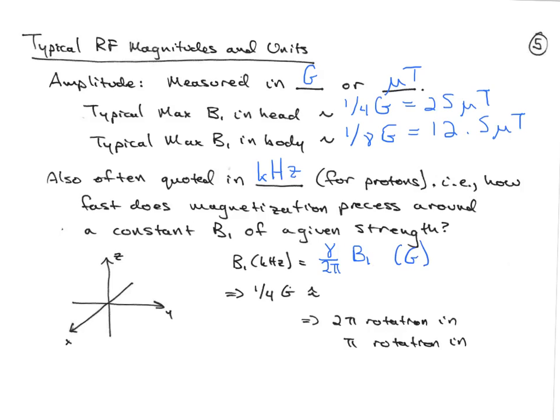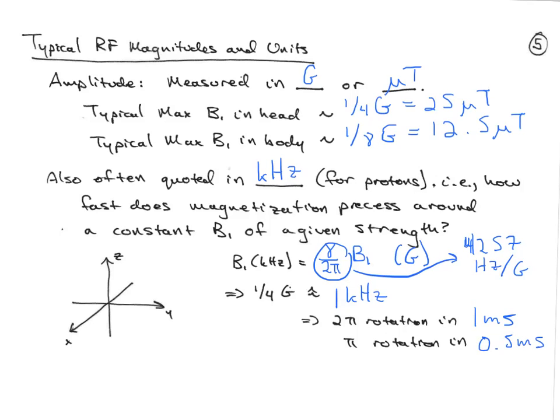And gamma over 2 pi for protons is 4257 hertz per Gauss. Okay? And so 1/4 Gauss is about 1 kilohertz. And that means that you get a 2 pi rotation in about 1 millisecond. Right? So the period is 1 over 1000, so that's 1 millisecond. Or a pi rotation in about 0.5 milliseconds, a half a millisecond.